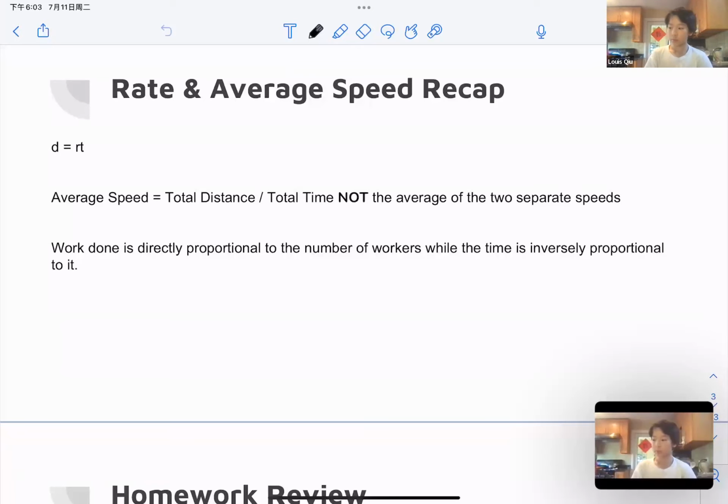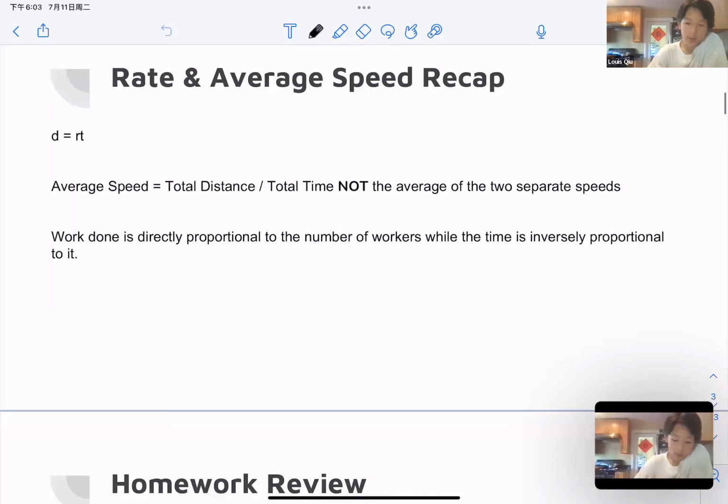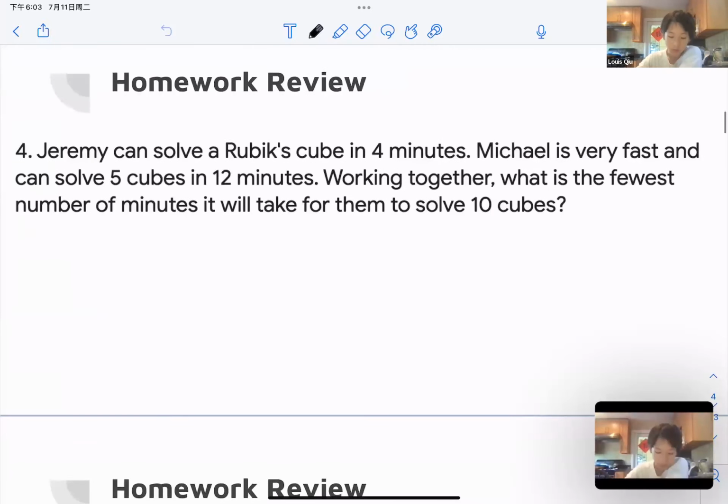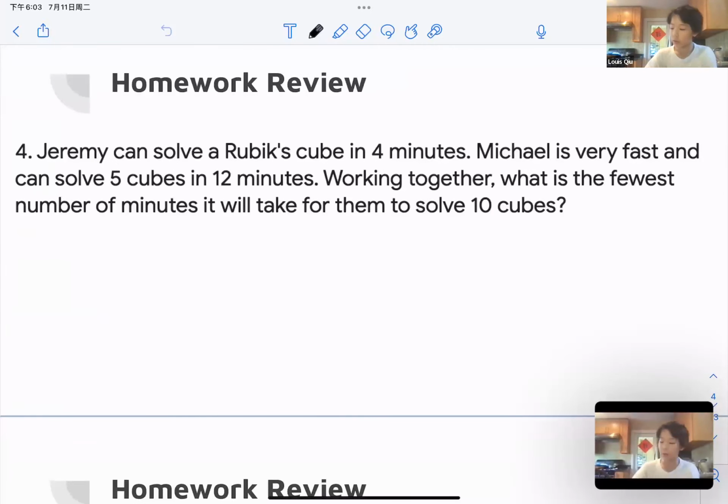By directly proportional, I mean that the quotient is equal, and for inversely proportional, the product is equal. So moving on to homework review.